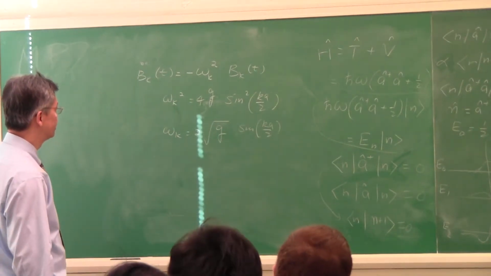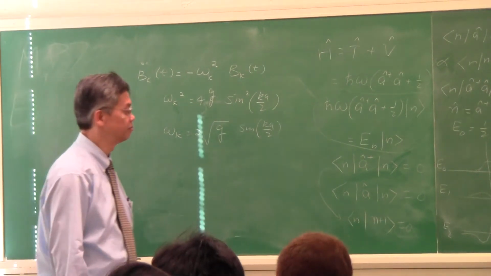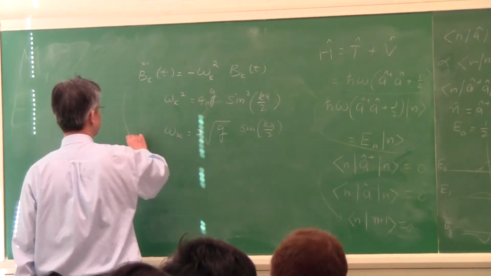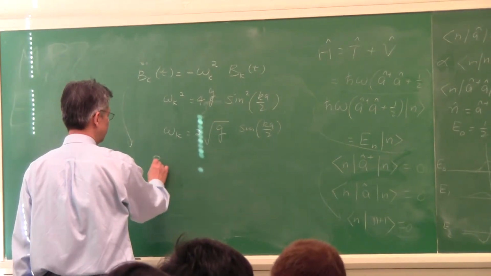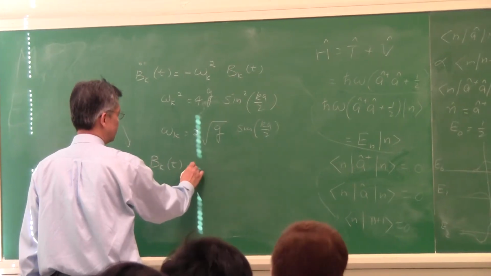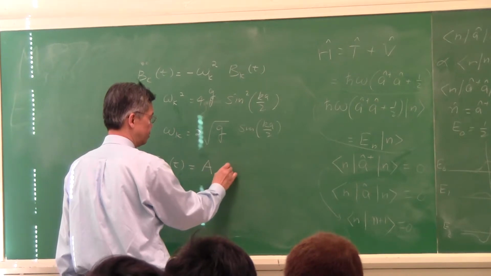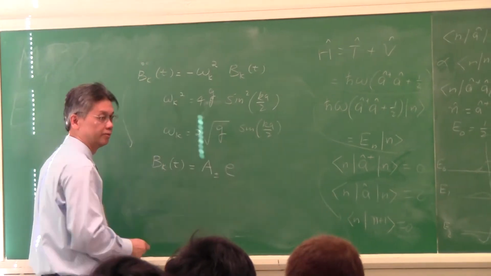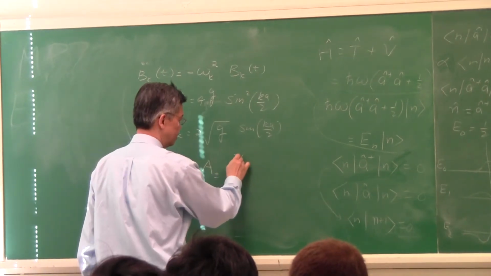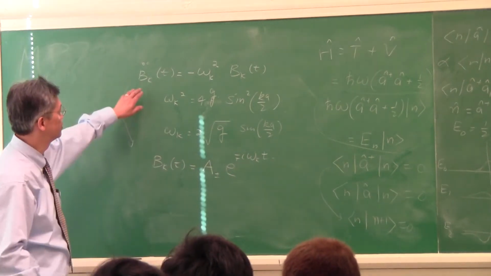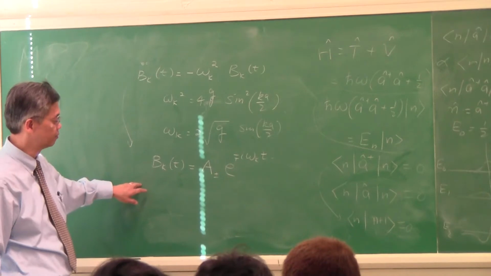So you can see that there is a solution of this form, and if you look at the solution of this equation, it will be dk of t is equal to a plus or minus, and what should be the exponent? It should be something of this form. The solution to this equation is something of that form.